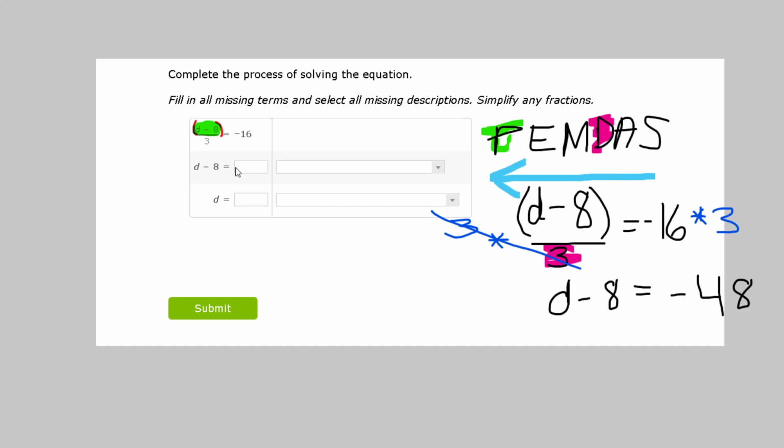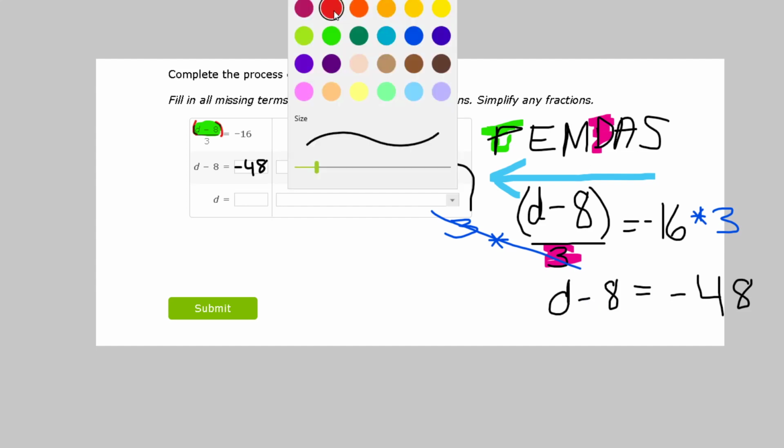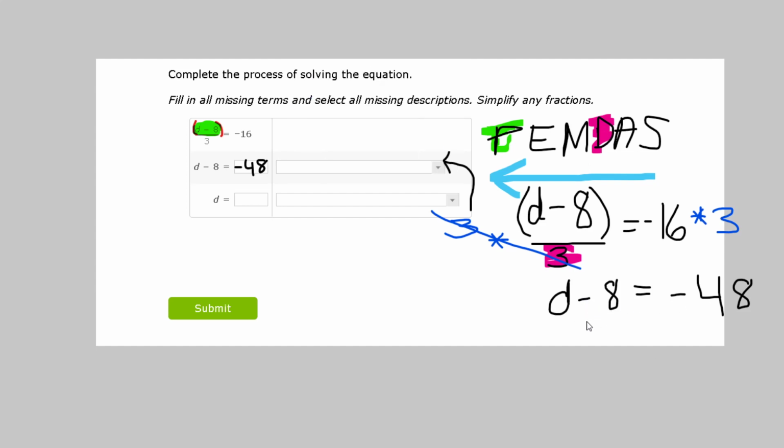So that's what we'll write up here. And what we did is we multiplied both sides by 3, so that'll go here. And then finally, we have one last step here, right? We're subtracting 8 on the left. So to get rid of this, we take the opposite. We add 8, which cancels these out.